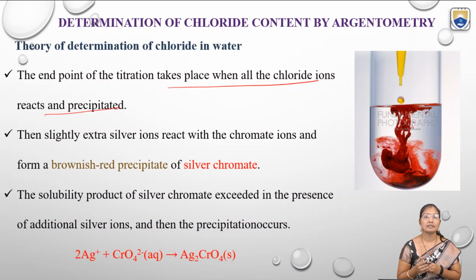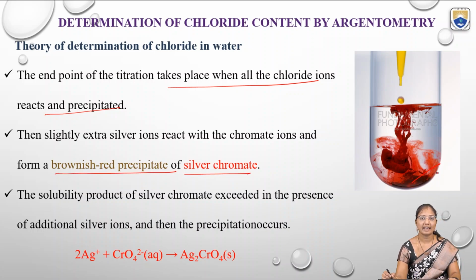We add chromate as an indicator, which is a yellow solution. The chromate ions then react with the silver ions to form silver chromate, a brick red, brownish red precipitate. This is the end point where this precipitate is formed, and we stop the reaction.